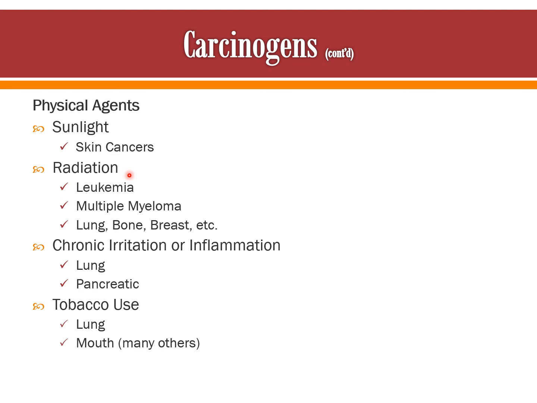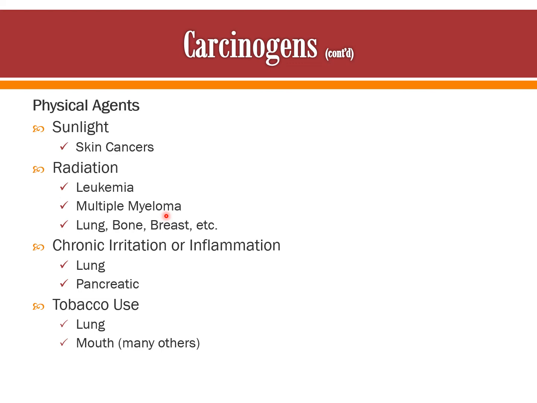Well, the fact that you're getting the radiation makes you immunocompromised. It also changes cells in your body. So that also puts you at risk for getting other types of cancers, in particular, getting things like leukemia, getting things like multiple myeloma, getting things like lung, bone, or breast cancer even, right? So when you're getting treatment, that also puts you at risk for getting other types of cancers.